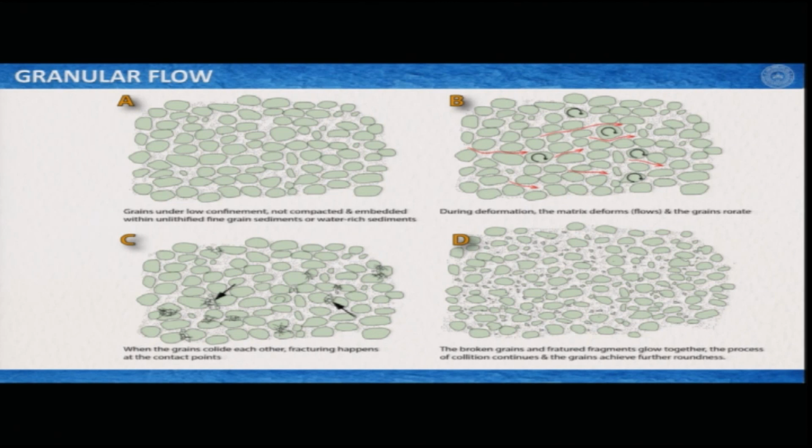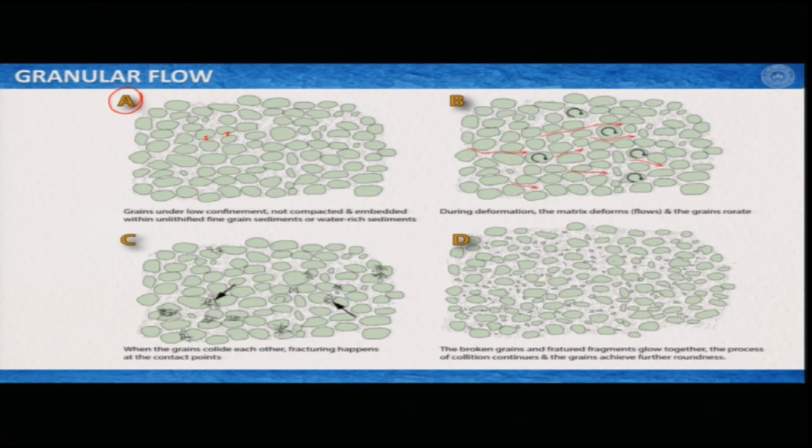In a very similar illustration, I will try to show you how it works. This is illustration A, where the grains are under low confinement, they are not compacted, not lithified, and they are embedded with unlithified fine-grained sediments or water-rich sediments, which are the little dots. As you can see, because they are not lithified, they have ample spaces between the grains. If a deformation is applied and the overall confinement is very low, what happens?